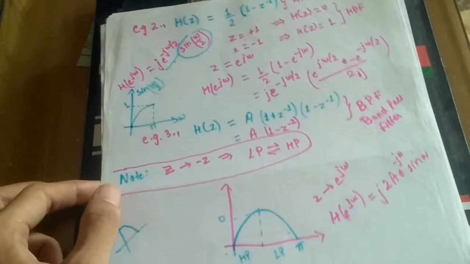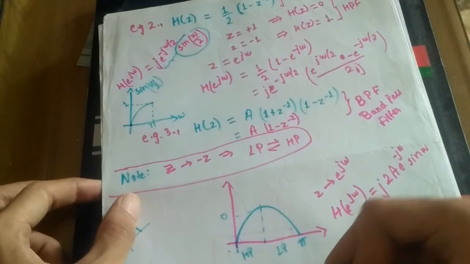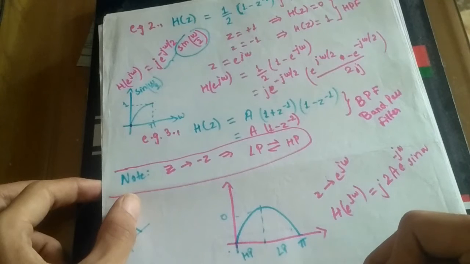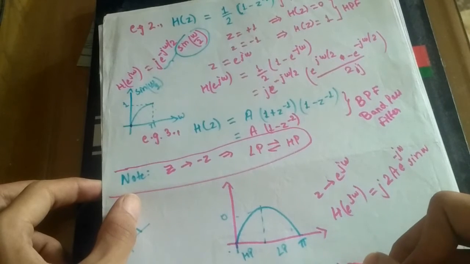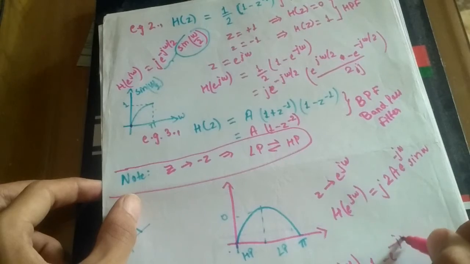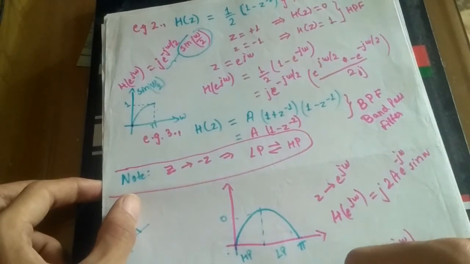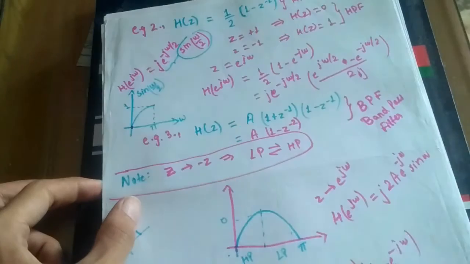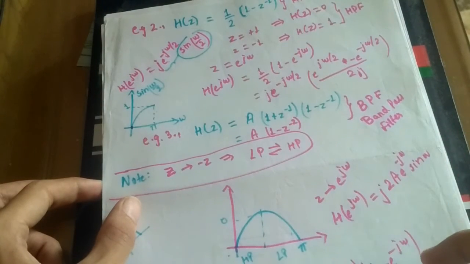I am just doing it for you: A times 1 plus e power minus j omega, and the second one is 1 minus e power minus j omega. Just as we have done, we are taking e power minus j omega by 2 as common, right? So we are taking from both of them e power minus j omega by 2.